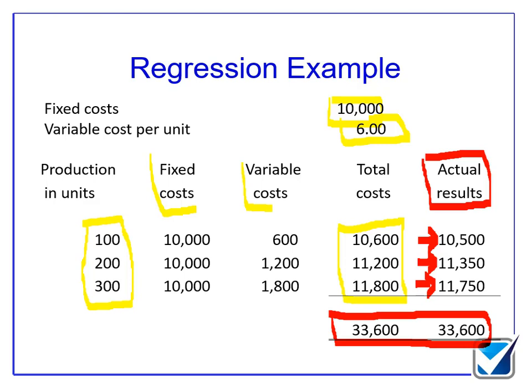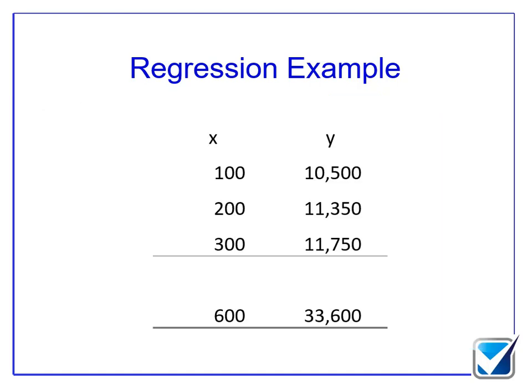Okay. Now what we're going to do is have production in units. This level of production here is going to become my X variable. These actual results, which is my actual cost, are going to become my Y variable. So I can now put these two things together and say, these are the actual results we've created from our actual production.